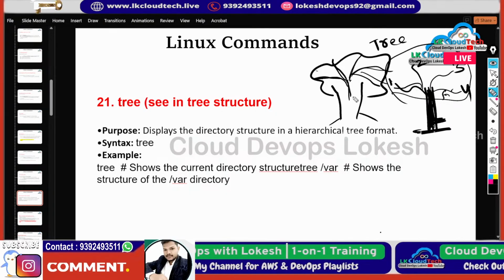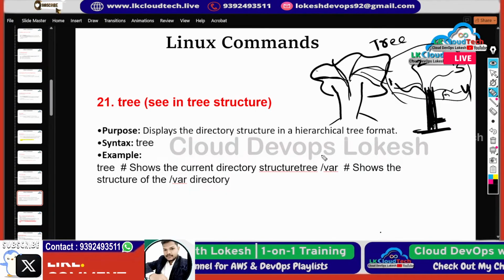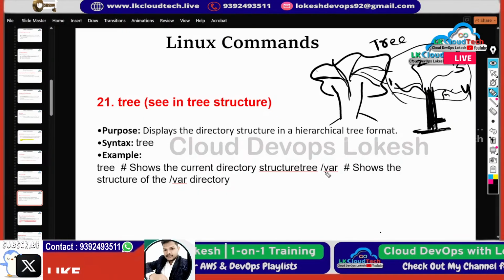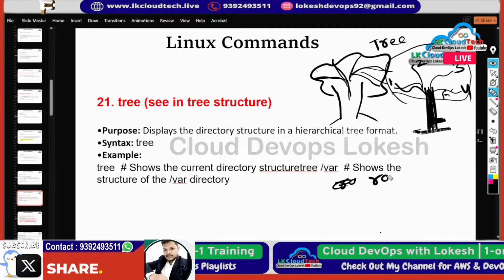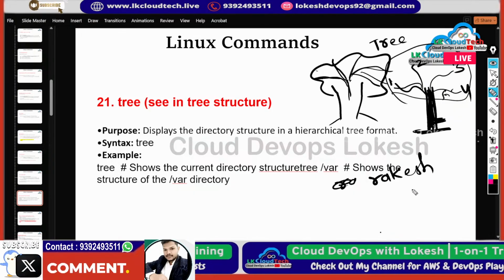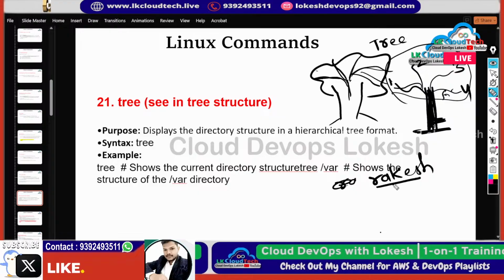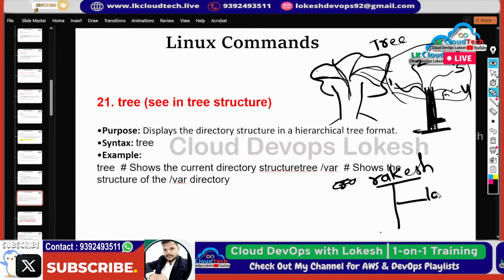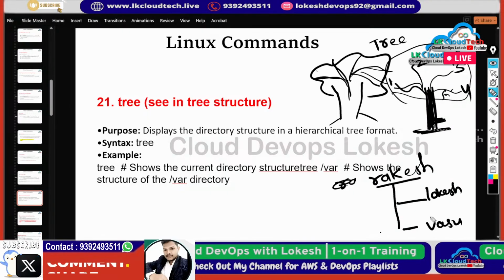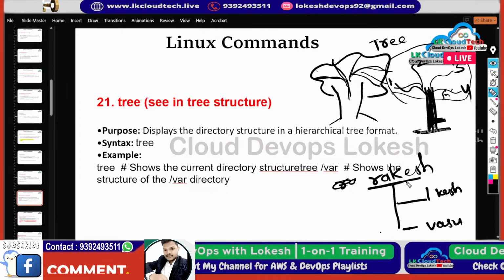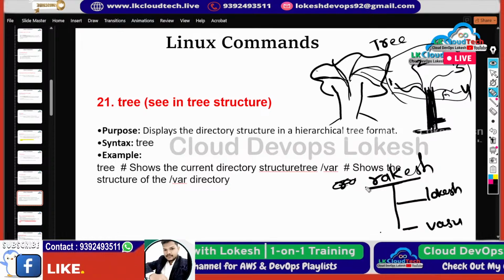Correct. For example, I will tell you one example. Rakesh is there. In our context, Rakesh is the main folder. Under Rakesh, Lokesh is there, and Vasu also is there. These two come under Rakesh, who is the main person.